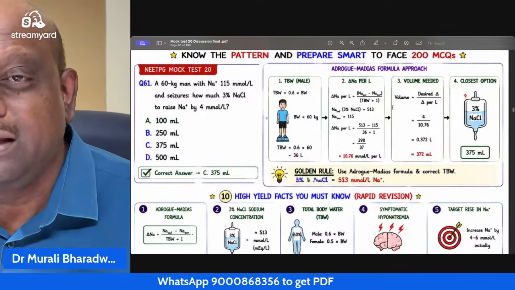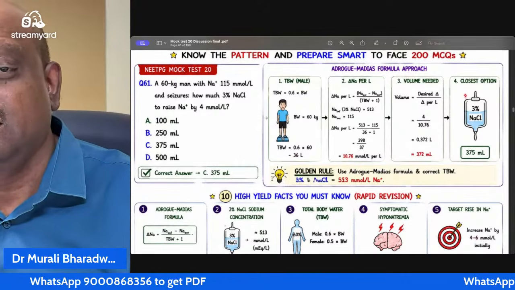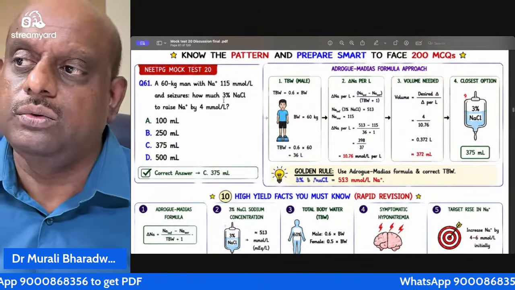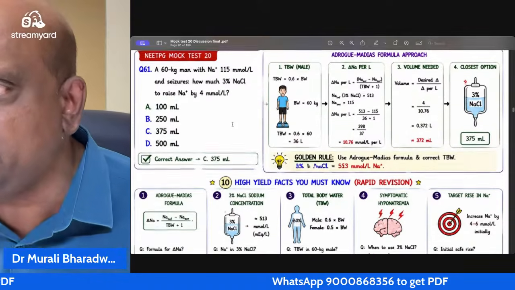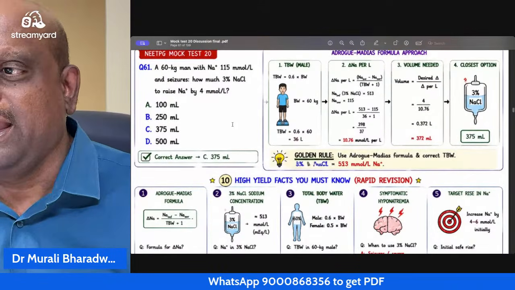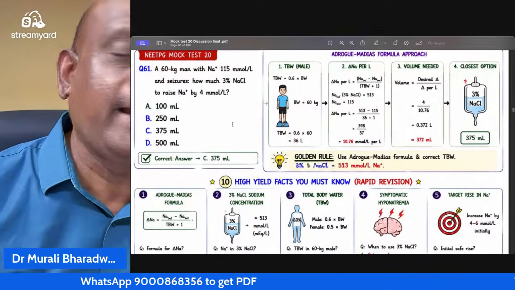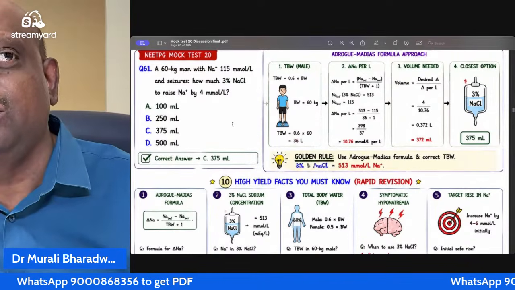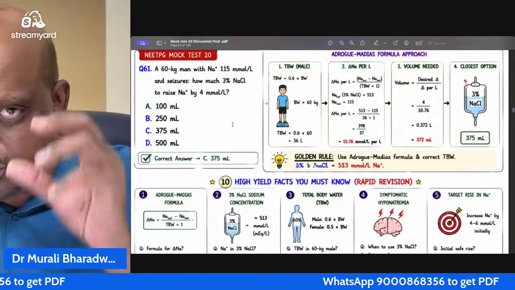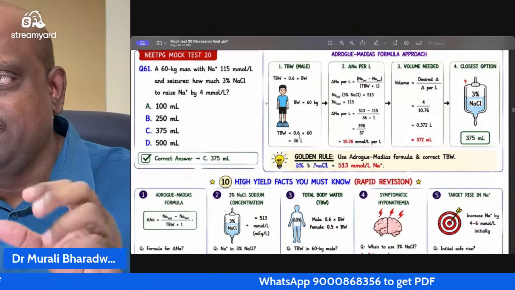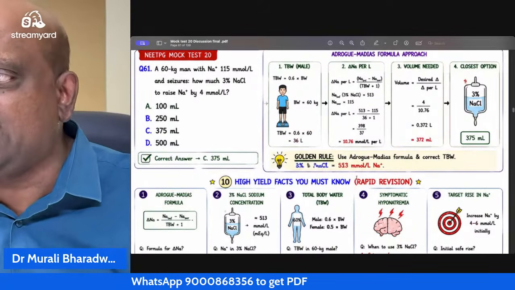So 36 into 4 is equivalent to nearly 120 plus millimoles you need to give. And 1 liter gives 514. And 375 ml will give you that required number of millimoles. First, you need to calculate how many millimoles are required. So that is how the calculation is done.